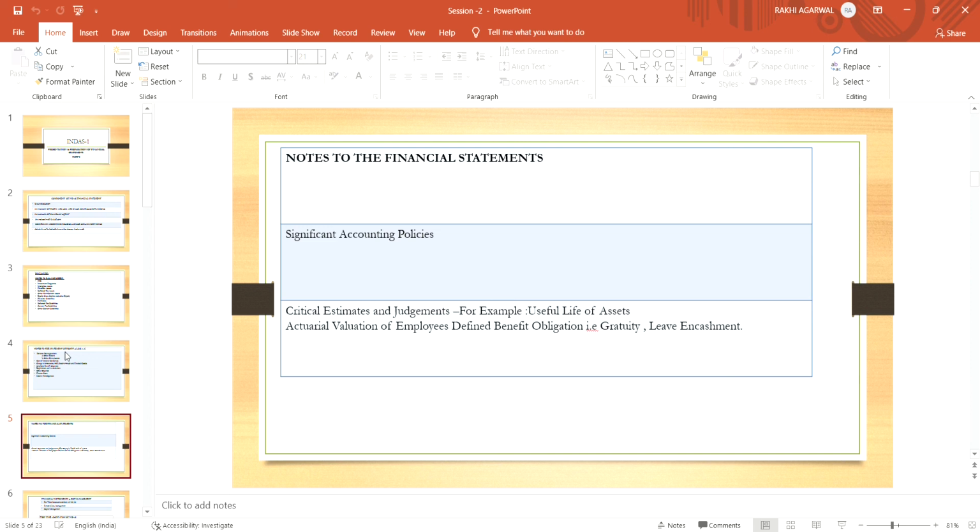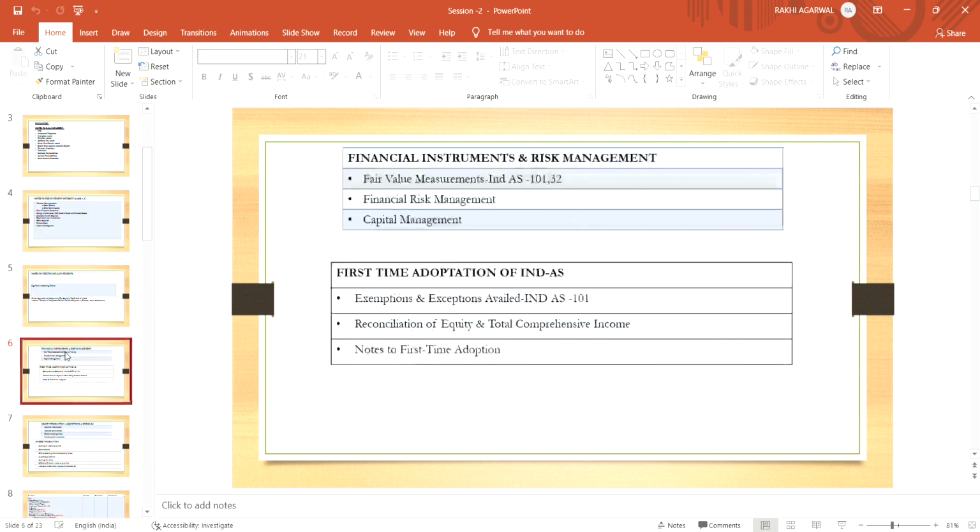Now, critical estimates and judgments. This we will explain by example: we will disclose what we select as the useful life of the assets. If any actuarial valuation of employee defined benefit obligation is there, that is gratuity, leave encashment, anything, we will disclose it under critical estimates and judgments.